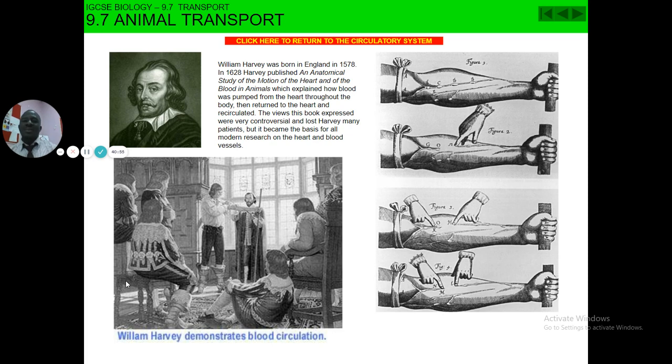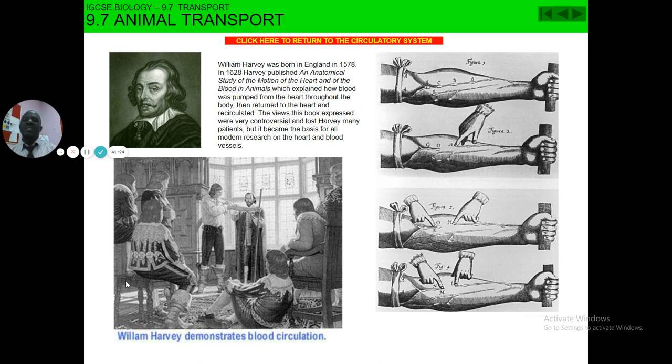When you look at this, this study was carried out by William Harvey, born in England in 1578. In 1628, Harvey published an anatomical study of the motion of the heart and blood in animals, which explained how blood was pumped from the heart throughout the body, then returned to the heart and recirculated.